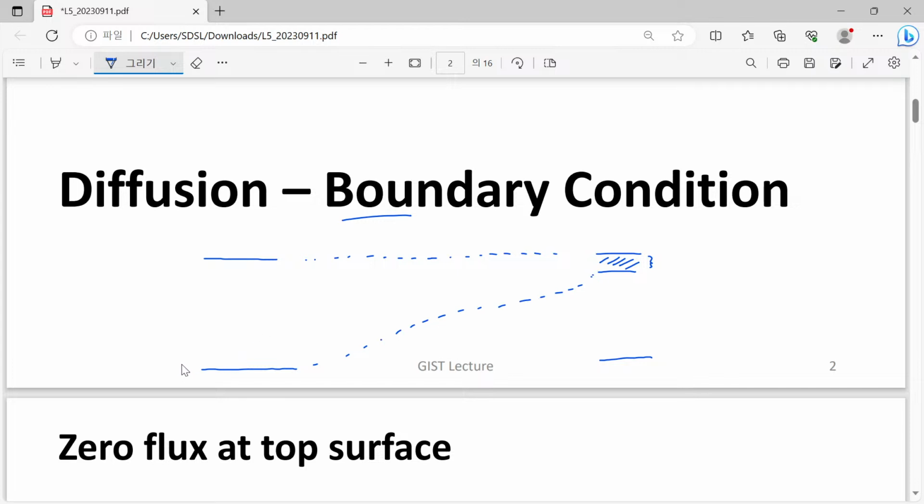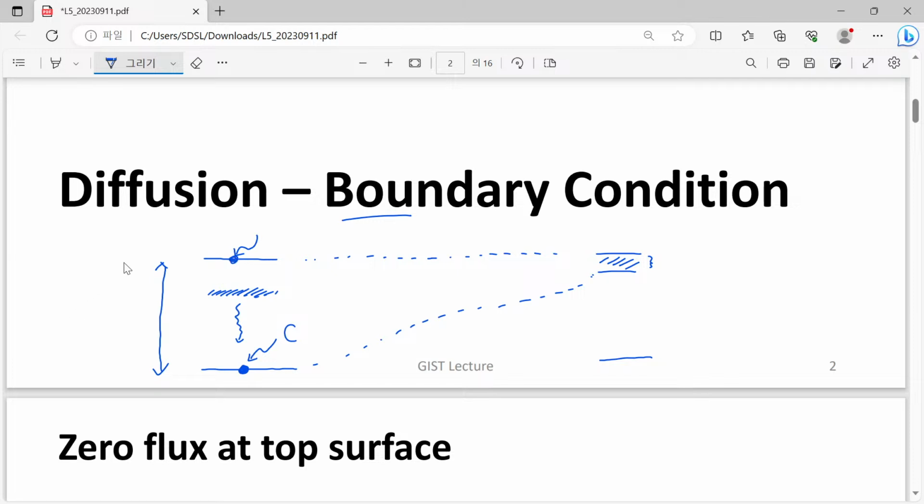If we have a sufficiently thick simulation domain, then still we are free to say, okay, this concentration doesn't change because our dopant is located here, and even after certain diffusion, it cannot reach this point. So it's good. However, please note that even the initial profile has some non-negligible values at this point.